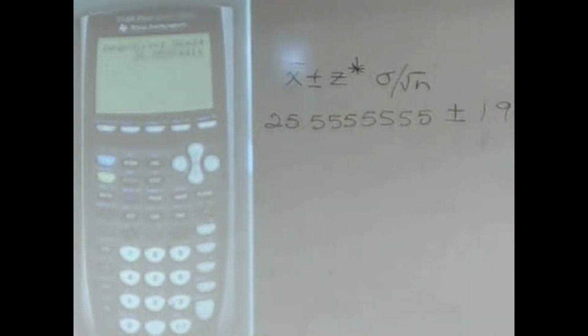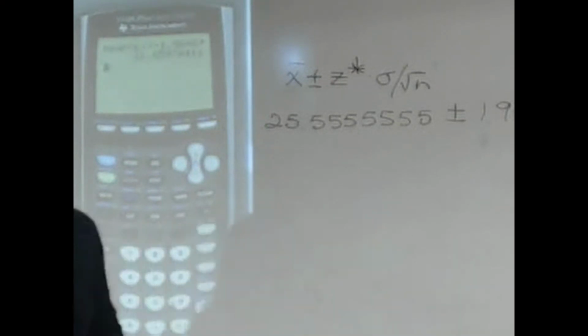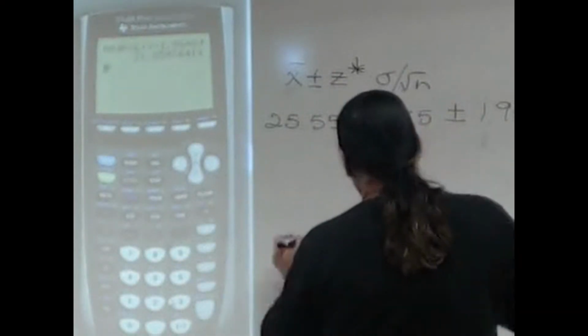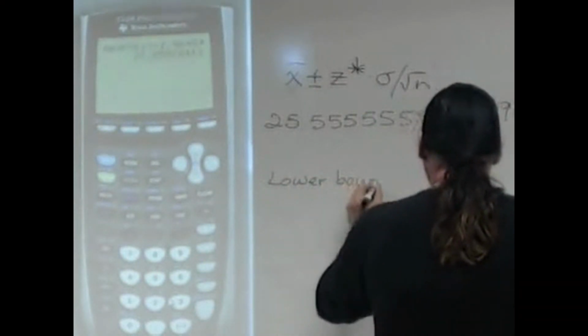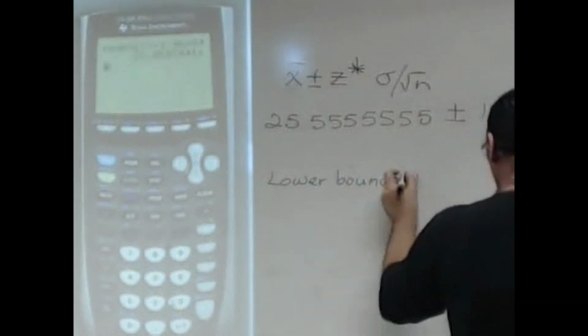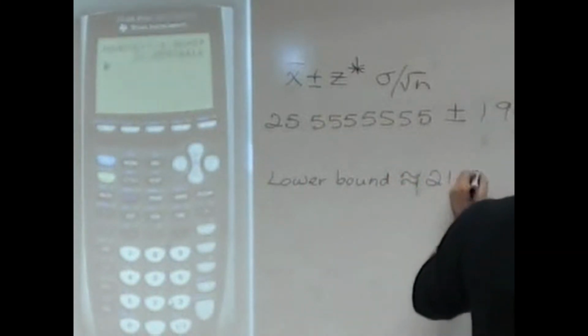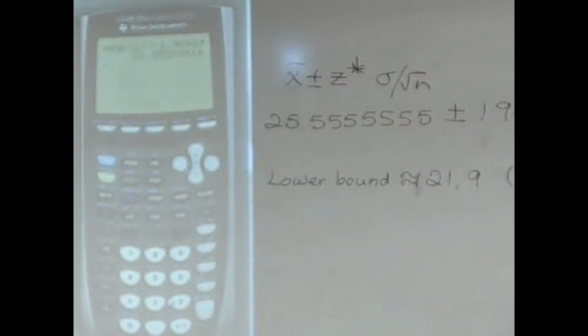This is giving us approximately 21.9 for our lower bound. Remember, don't round unless the directions tell you to, and go to the place that it says.